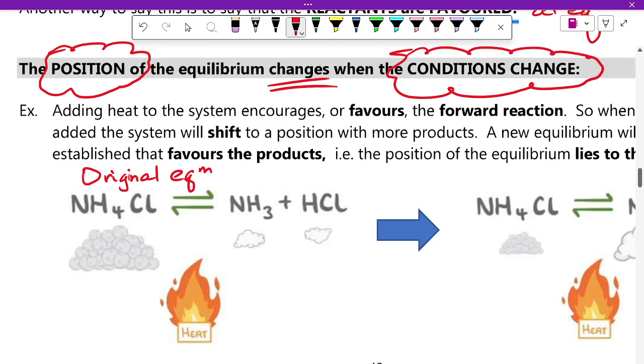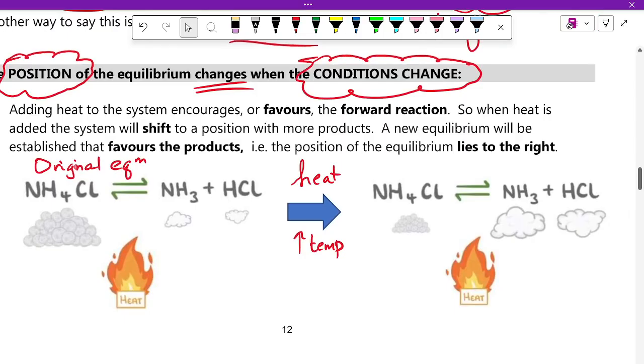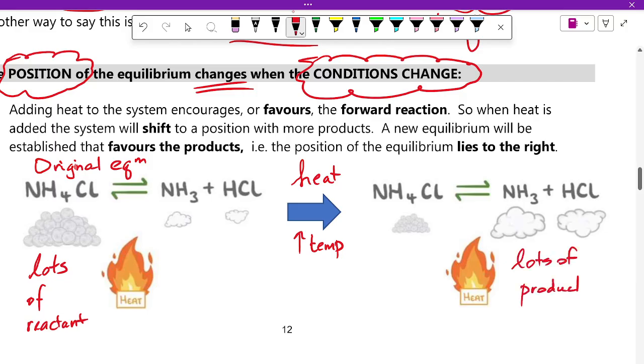If that is our original equilibrium, and then we heat it, so we increase the temperature, it turns out for this particular reaction, that causes more product to be made and more reactant to be used up. So we start off with lots of reactant, and we finish with lots of product.